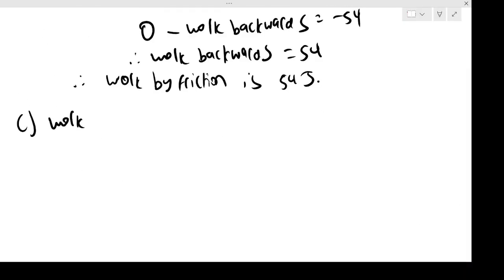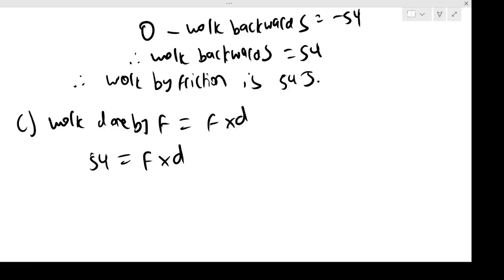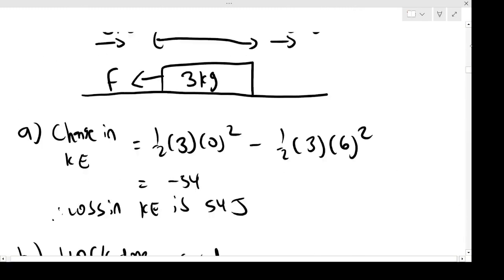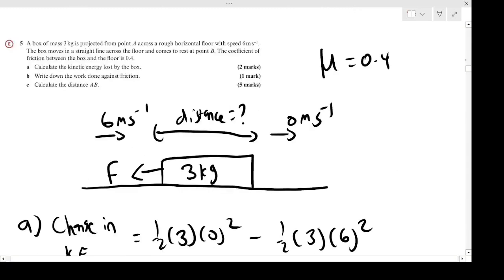So work done by friction by F is again force times distance. We know that the work done is 54. That's going to equal force times distance. So if I want to work out the distance, I'm going to need to find the force F. Now, we know what the coefficient of friction is.